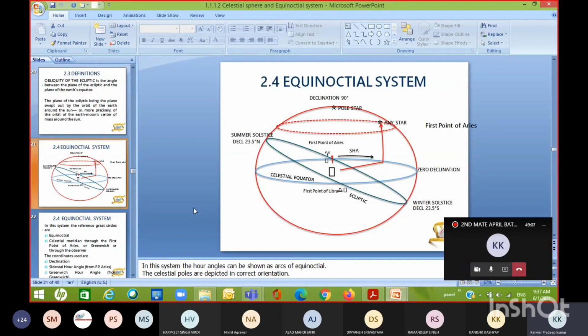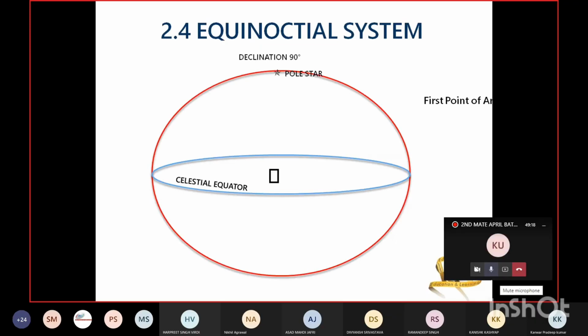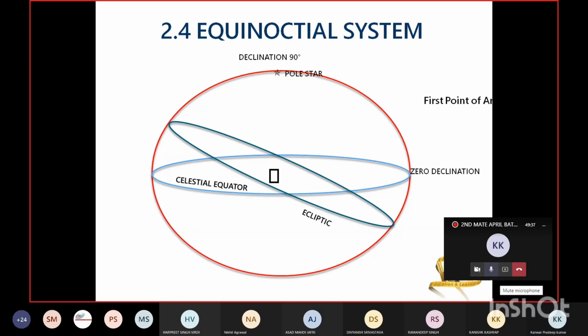Now I'm standing on the other side of the sphere. There's a pole star on top. There's a north celestial pole, celestial equator. Some people like to do it the opposite way. Now here they are showing the ecliptic like this, zero declination, ecliptic, in which case now the winter solstice is on the right side and summer solstice is on the left.